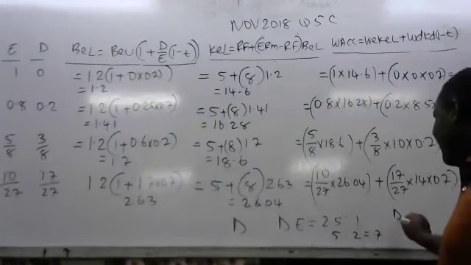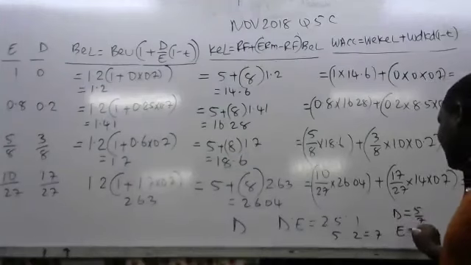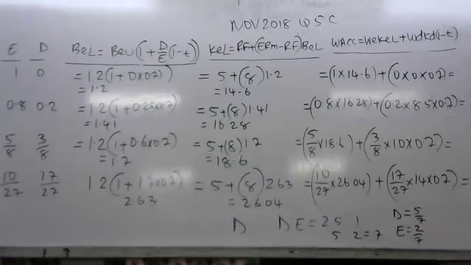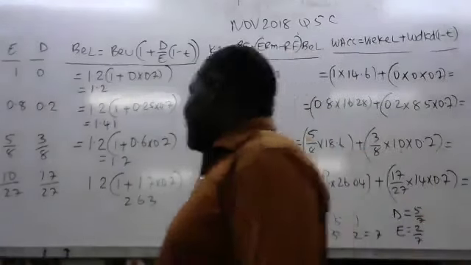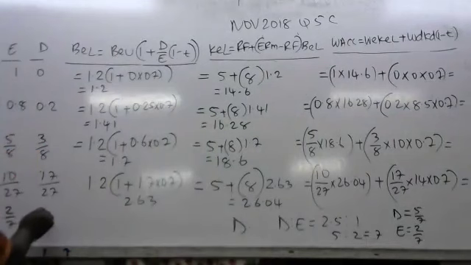So that will be 5/7. Equity will be 2/7. Like that. So this one is 2/7. Also 5/7.